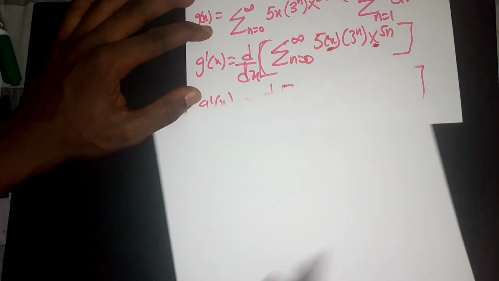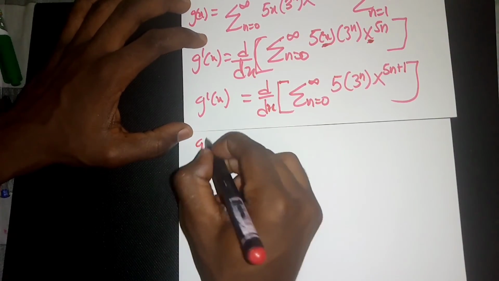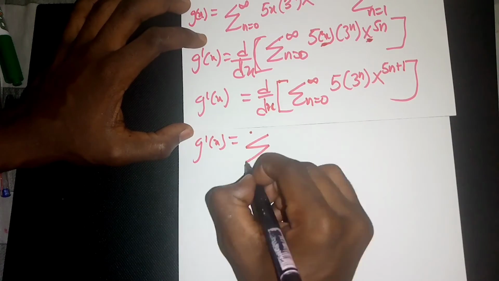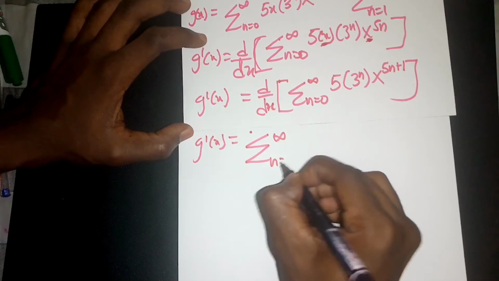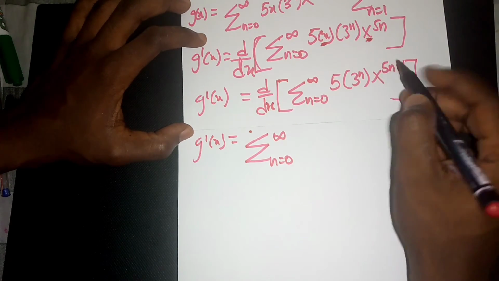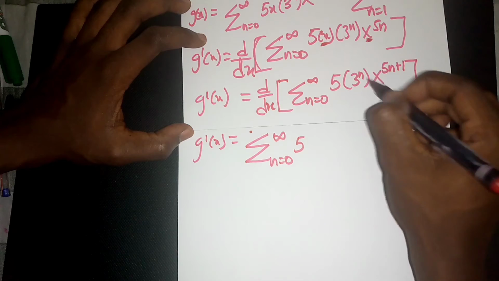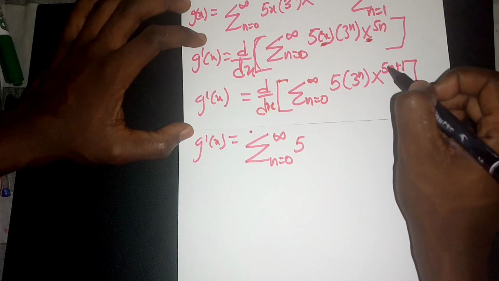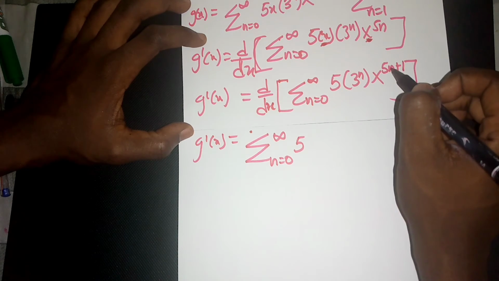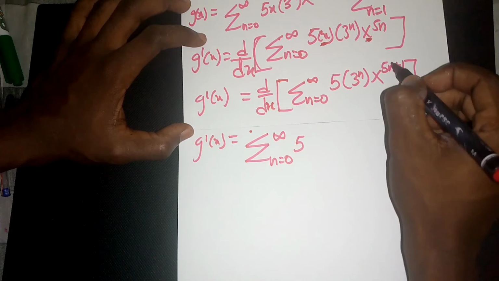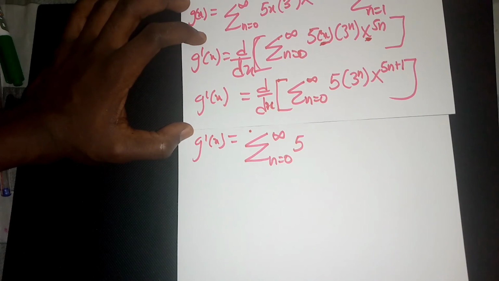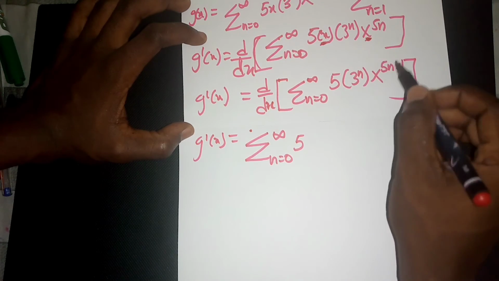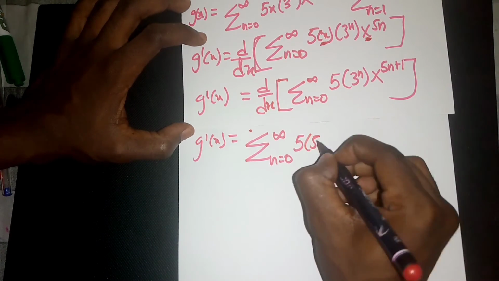Then from here we can have g prime of x being equal to the summation of that, then we have 5 here. Now differentiating this, we first differentiate what is at the top there, with respect to x. Now there's no x in that part, so we just bring the whole thing down.